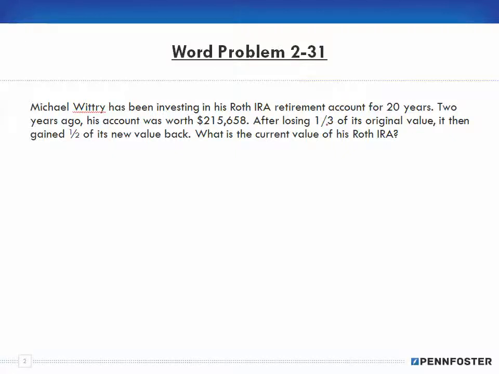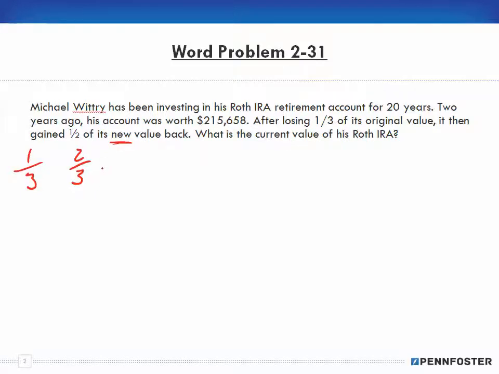Now the thing that hit me with that is that if it lost 1/3, that means what remains is 2/3. Okay, it then gained half of its new value back. What was the current value of his Roth IRA?